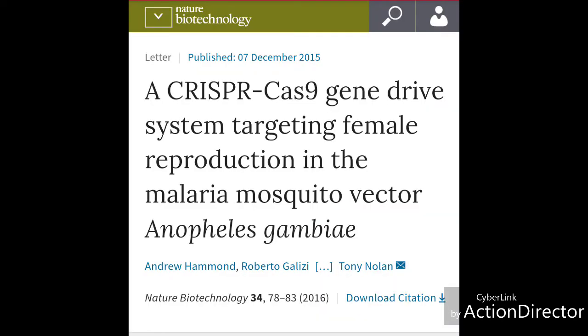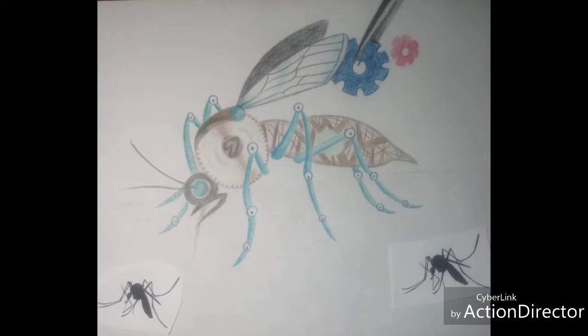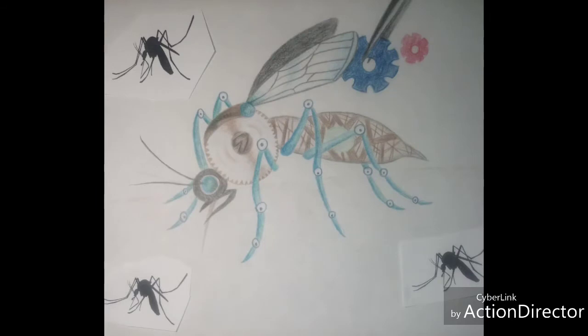A recent article is titled "CRISPR-Cas9 Gene Drive System Targeting Female Reproduction in the Malaria Mosquito Vector Anopheles gambiae." A group of scientists inspired by homing endonuclease genes decided to test the CRISPR-Cas9 endonuclease enzyme with the objective of reducing the reproductive capability of the insect vector.